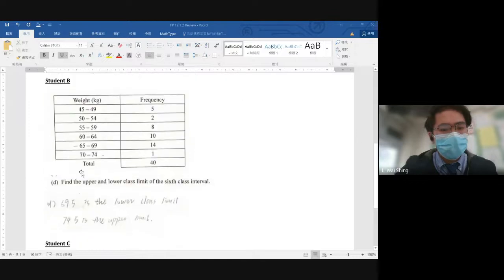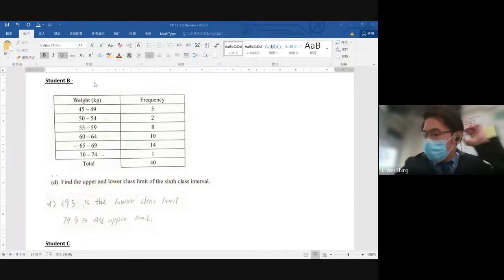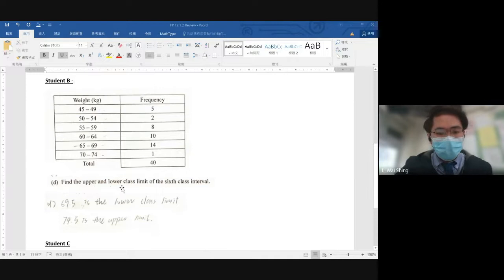And then the second part, section B, question, student B. Could anyone tell me what's the mistake? The upper class boundary and the lower class boundary of the 6th class, the upper class limit and lower class limit. So 69.5, take 0.5 before, take 74.5 is the upper limit, so 0.5 further.